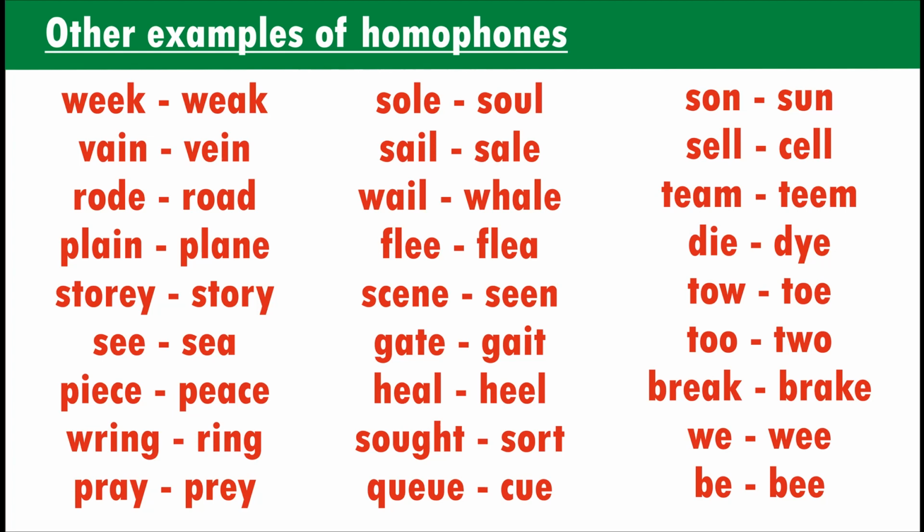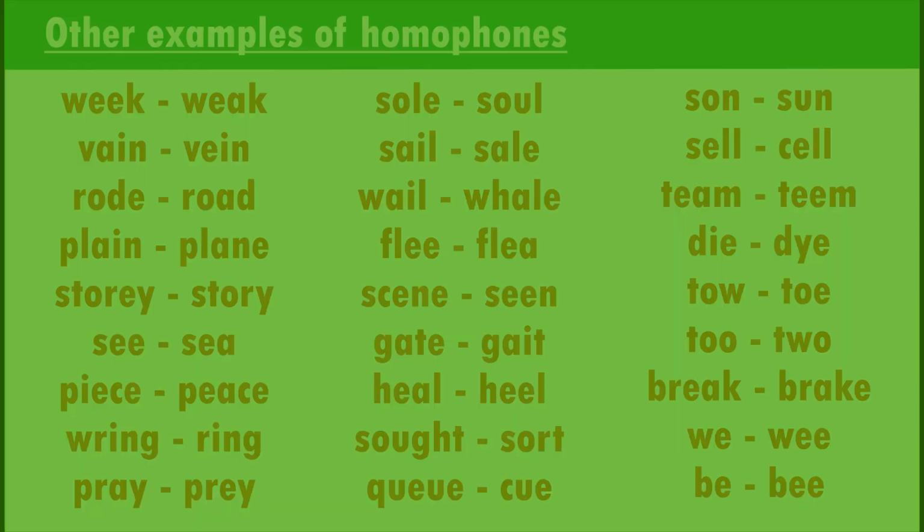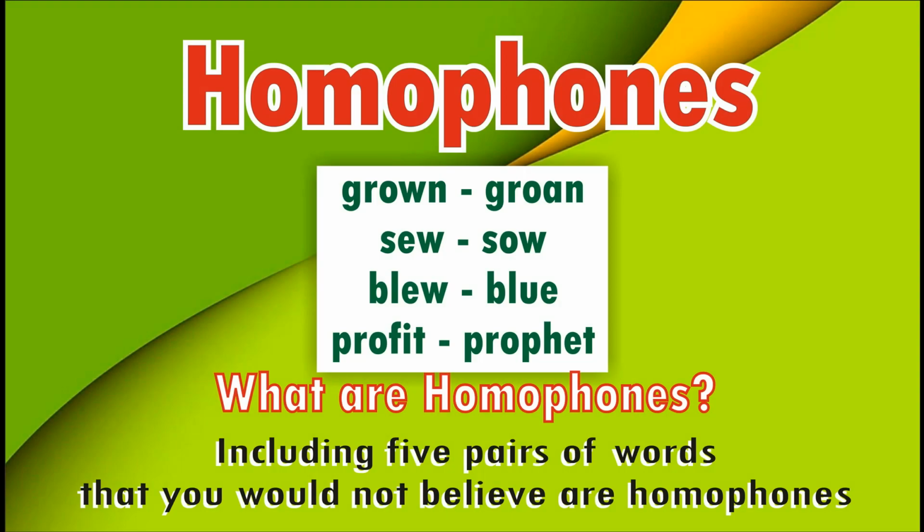Of course, at the beginning of this video, I did say that I was going to give you 5 pairs of homophones, which probably you never knew were homophones, or you would not even believe they are homophones because we've been pronouncing them in the wrong way.